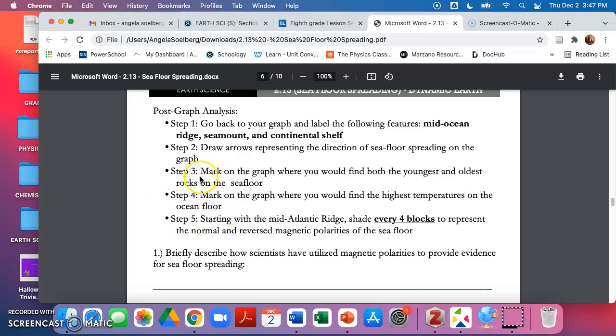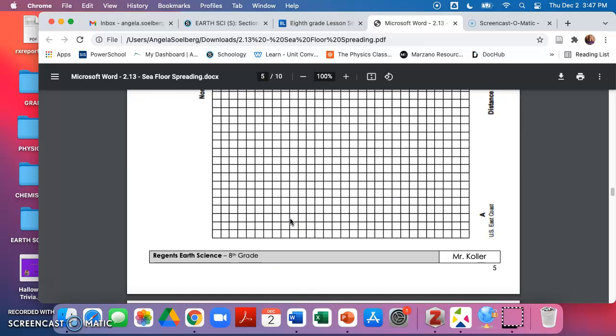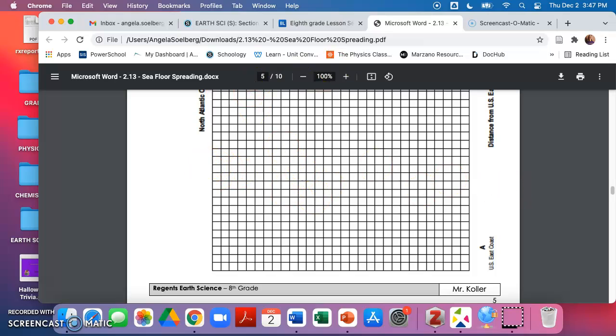So on your graph, pretend it's the other direction. So essentially you've got your ridge, okay, and your shelf. What you're going to do is right in the middle, you're going to count 4 blocks in one direction and 4 blocks in the other direction. And these are going to have a positive polarity because right now north is north on a compass, and you can shade these in.